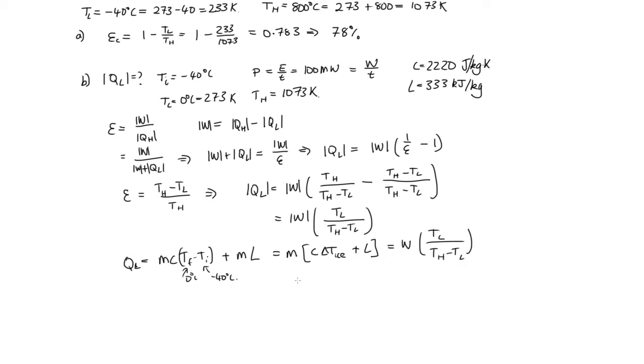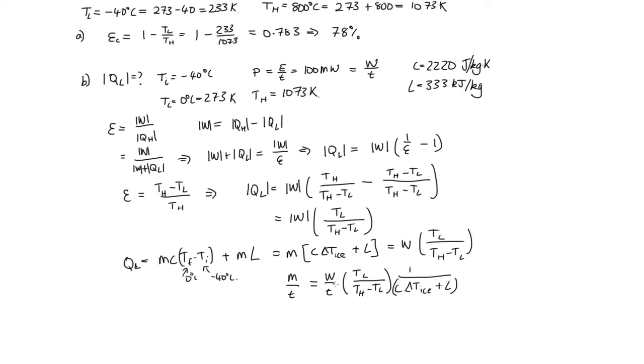Okay, now what we want is the mass over the time. Let's divide this through by the mass bracket, and we've also divided by time. So this is equal to the work over the time, because I need to divide both sides by time. I've still got this here, so this is TL over TH minus TL. And then I'm dividing by this, so this is 1 over C times delta T ice plus L, with brackets around that.